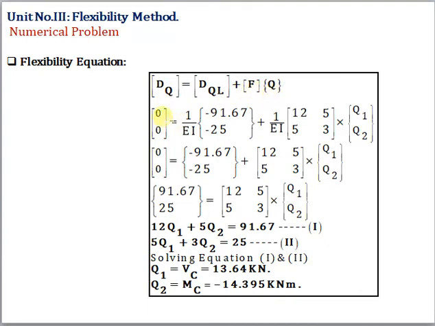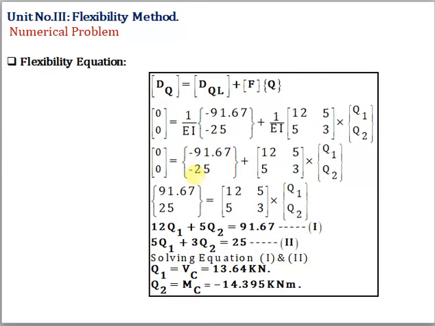Putting the values, dq is 0, and 0 is equal to 1 upon EI into minus 91.67 and minus 25, plus 1 upon EI times the matrix 12, 5, 5 and 3 into q1 and q2.